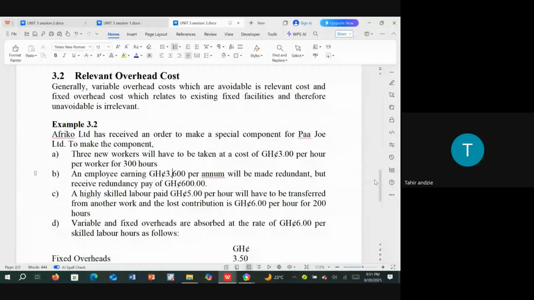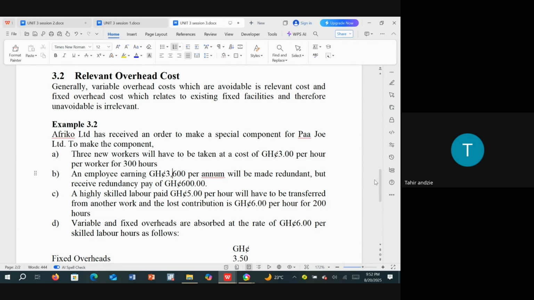A highly skilled labor paid 5 cedis per hour will have to be transferred from another work, and the lost contribution is 6 cedis per hour for 200 hours.